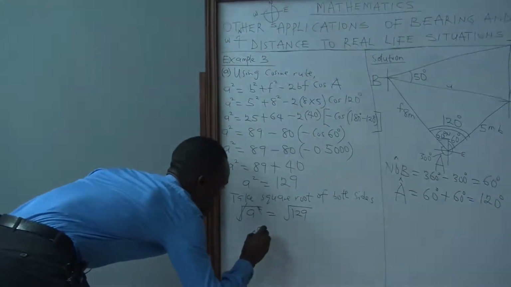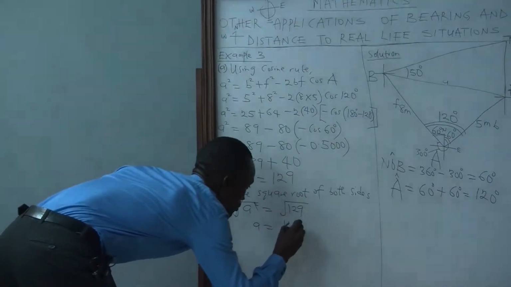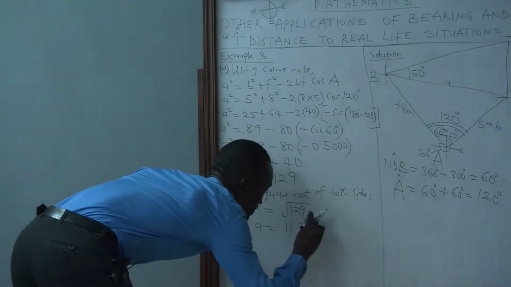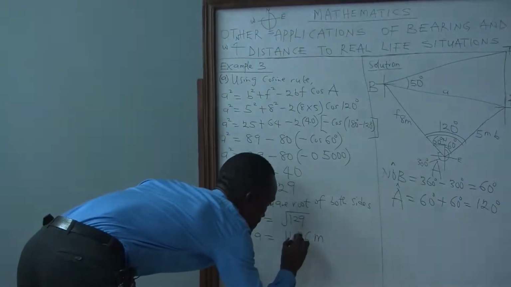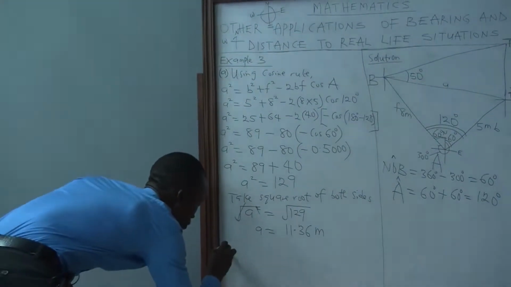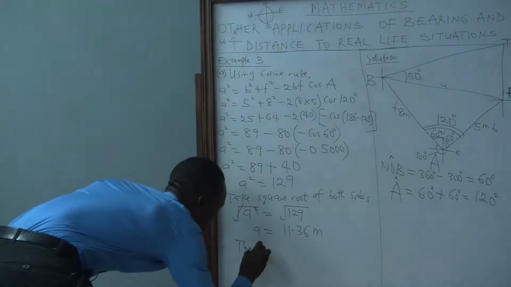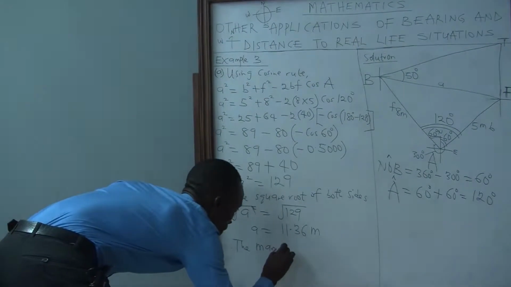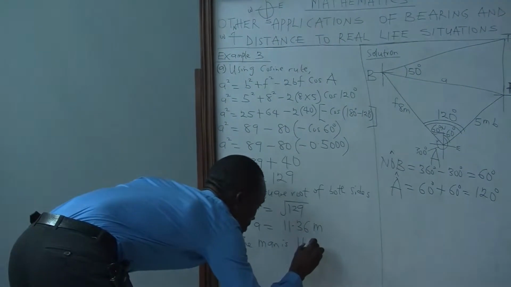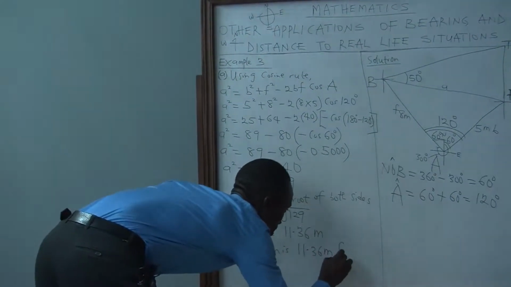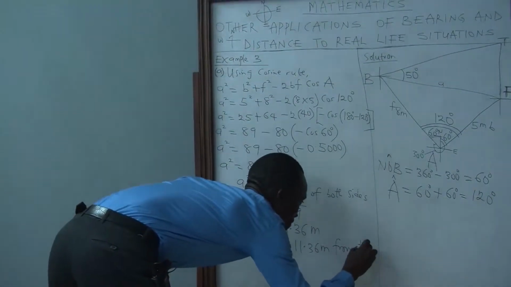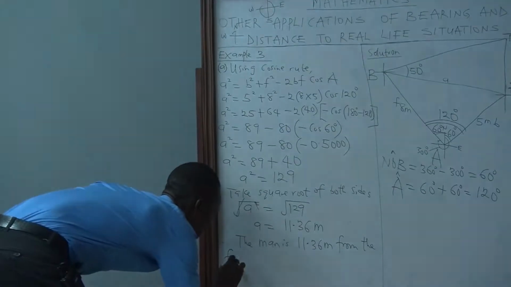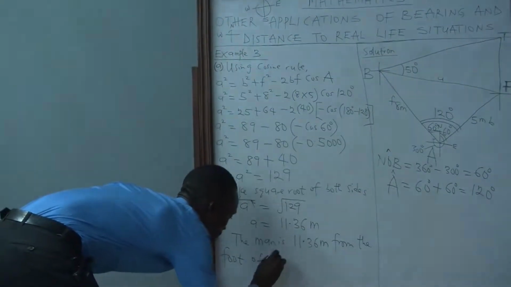So the square root will cancel the square, so A is equal to 11.36 meters. So we conclude that, therefore, the man is 11.36 meters from the foot of the pole.